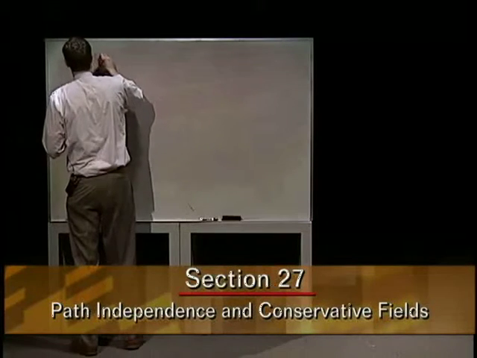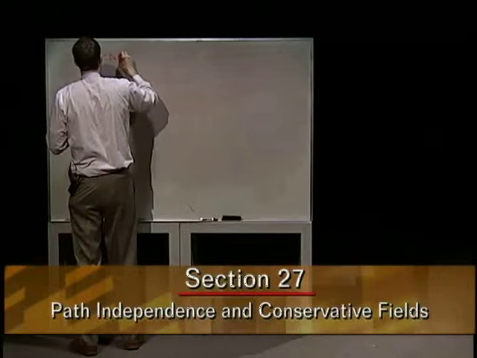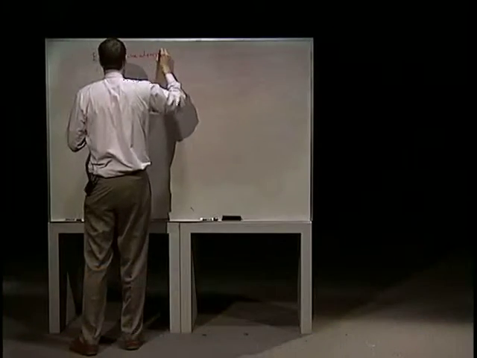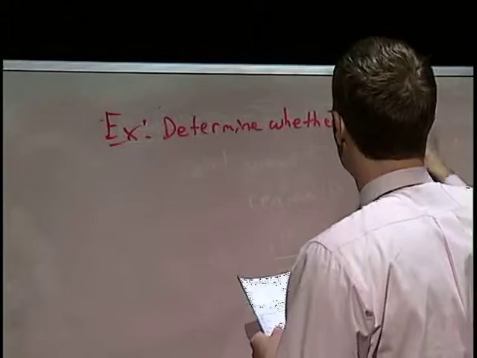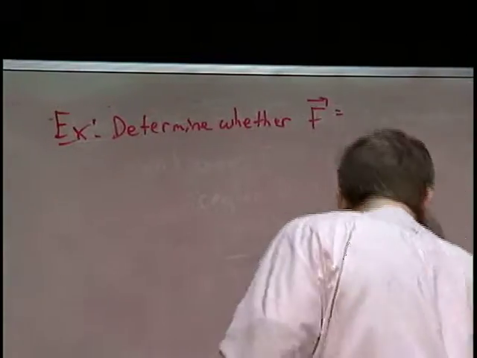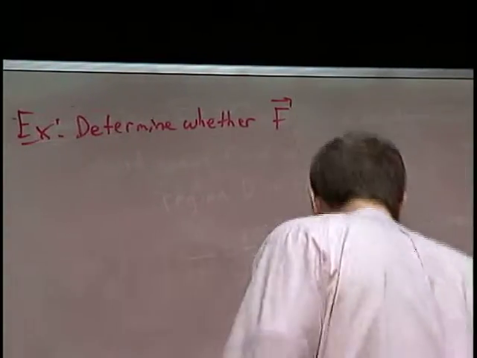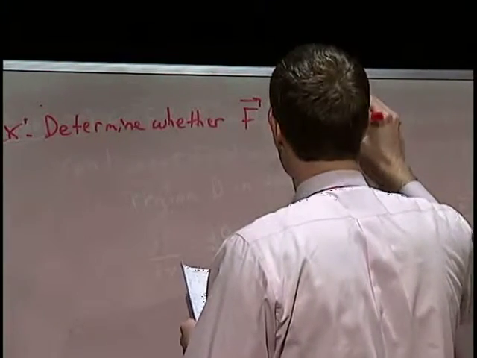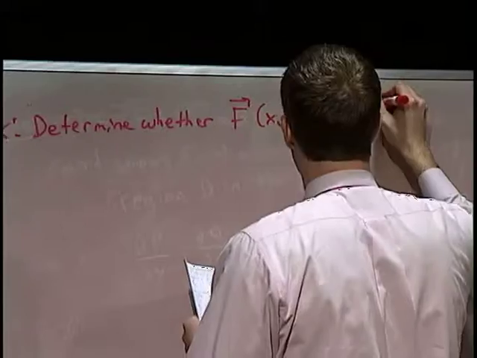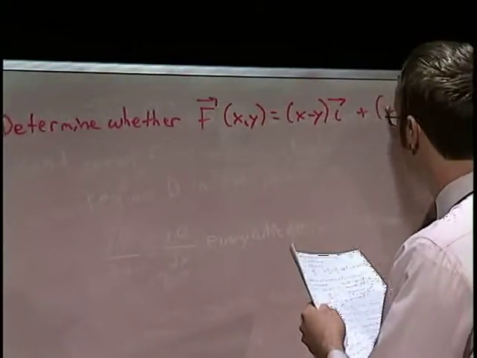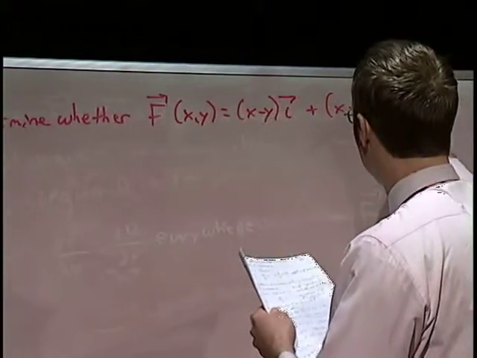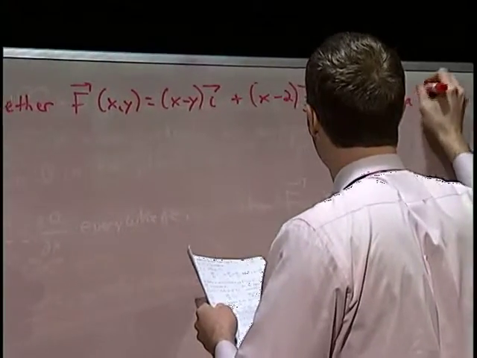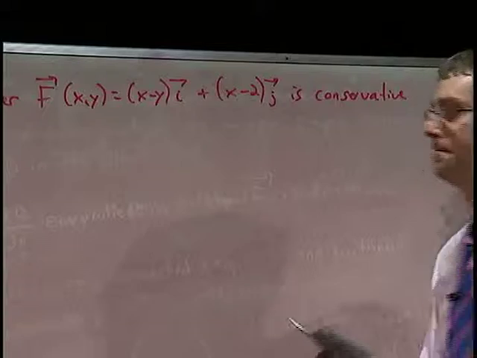So, example: determine whether the vector field F of xy equals (x minus y) i plus (x minus 2) j is conservative.